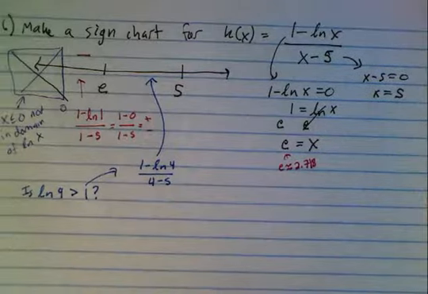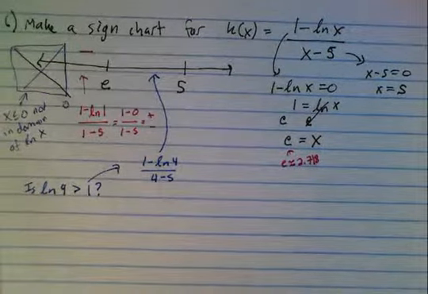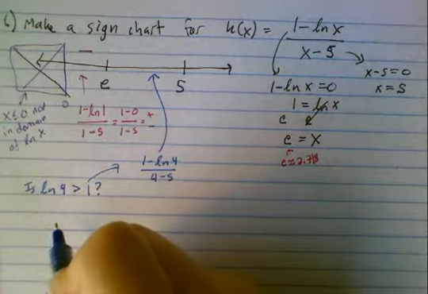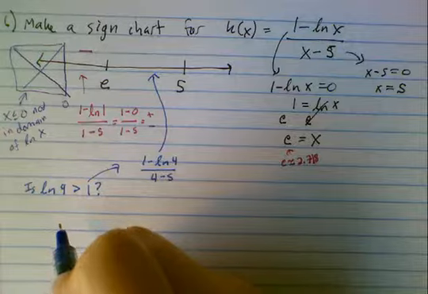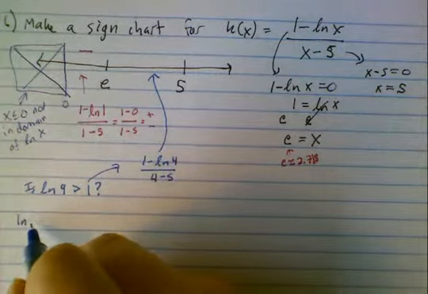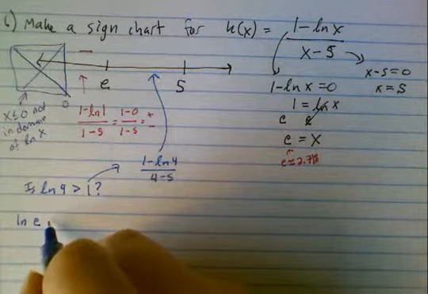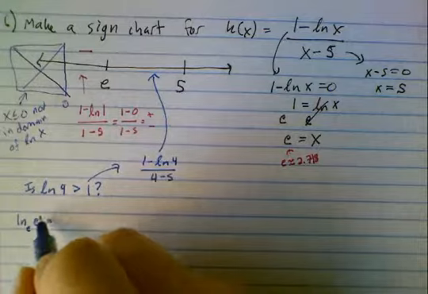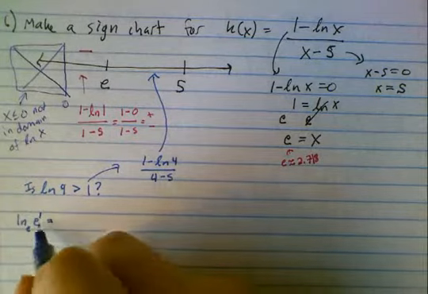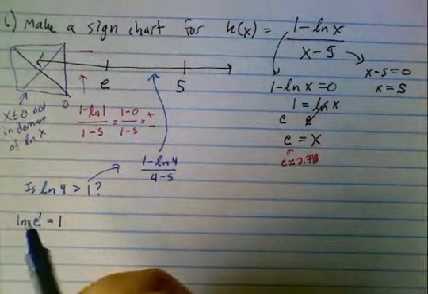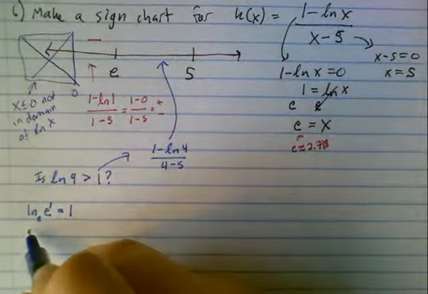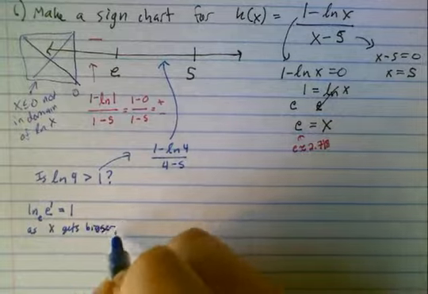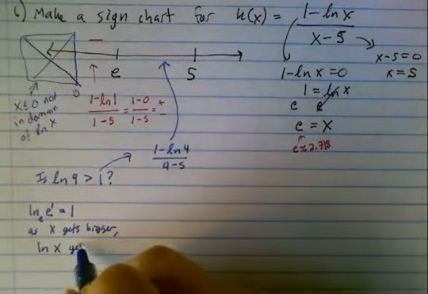Is the natural log of 4 bigger than 1? Well, let's see. What numbers can we find the exact value of? Well, we know that natural log of e, that's log base e of e. This is e to the first power. So these would just cancel right out, and that would be 1. We also know that as x gets bigger, natural log of x gets bigger.